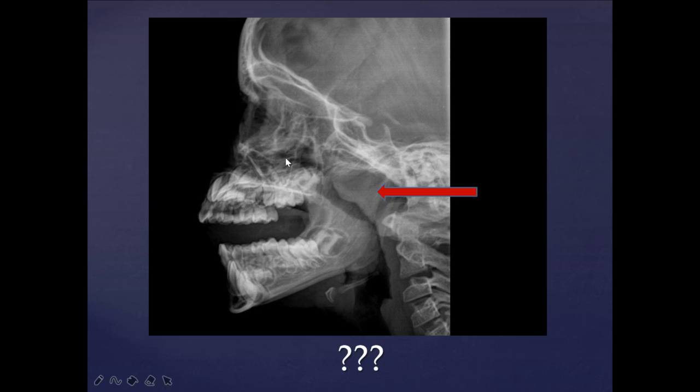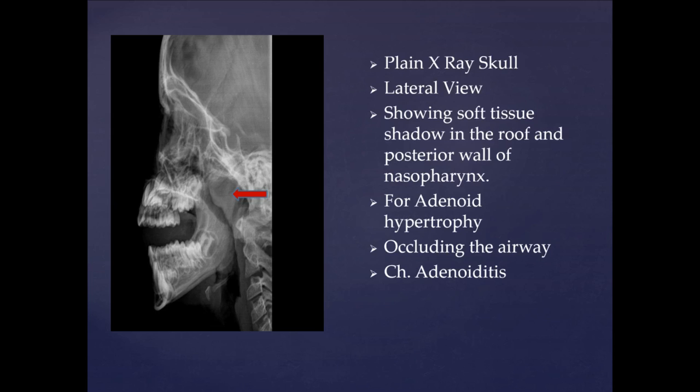The mass is arising from the maxillary sinus and extending backwards into the nasopharynx, so that you should be able to see some air shadow between the roof and posterior wall of the nasopharynx. So that is called the crescent sign. If you are able to see the crescent sign, that means the mass is arising from the nasal cavity and extending into the nasopharynx.